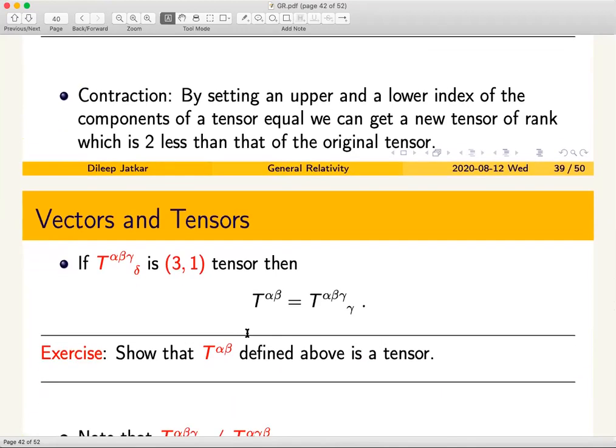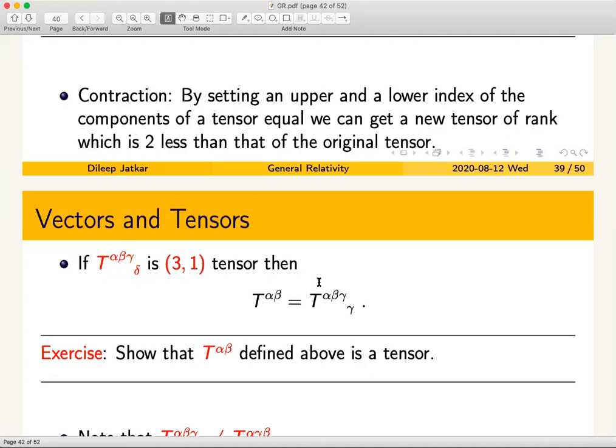So for example, if you define a (3,1) tensor, that means a tensor with 3 contravariant indices and 1 covariant index, then using this (3,1) tensor, we can define a (2,0) tensor by contraction. That is done in the following way: you set gamma equal to delta.